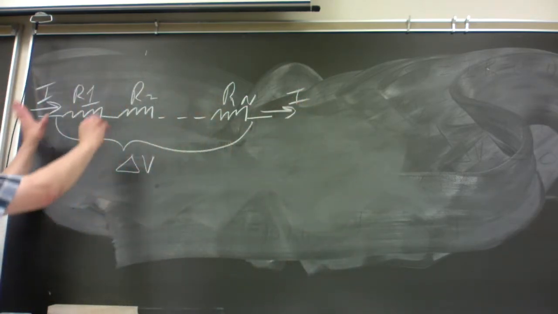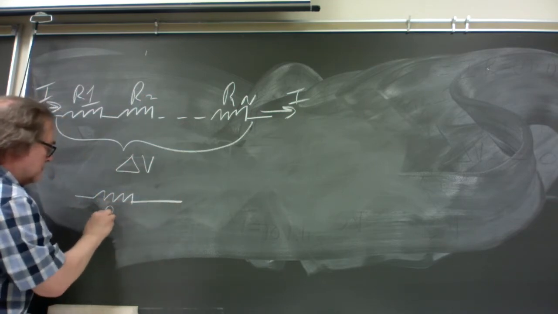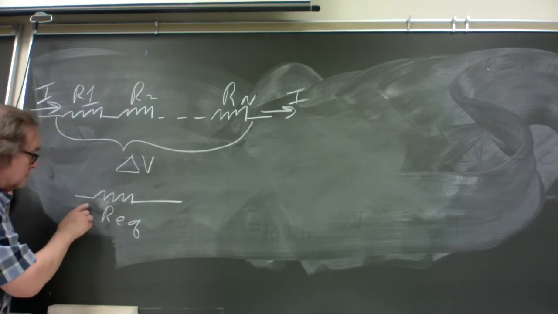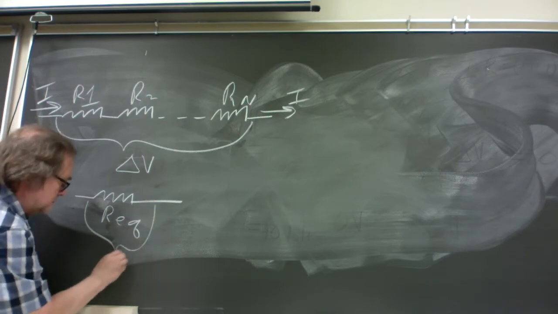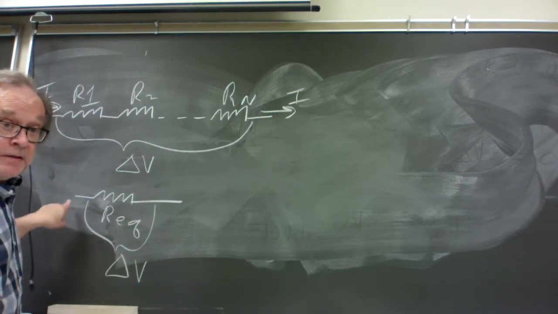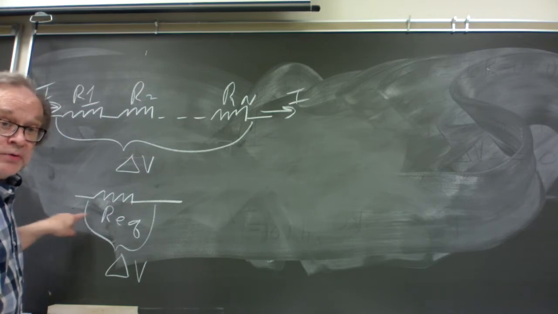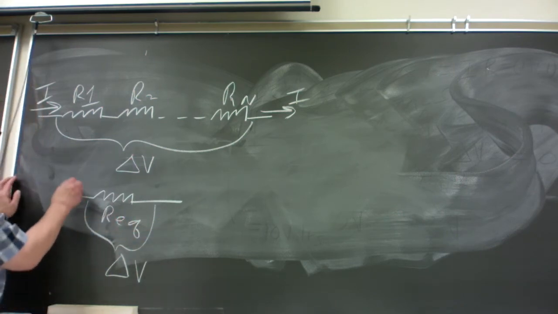That is, this is equivalent to a situation where you imagine just the one equivalent resistance, but the same potential difference between the side where the current enters all of that resistance and the potential where the current leaves all of that resistance.